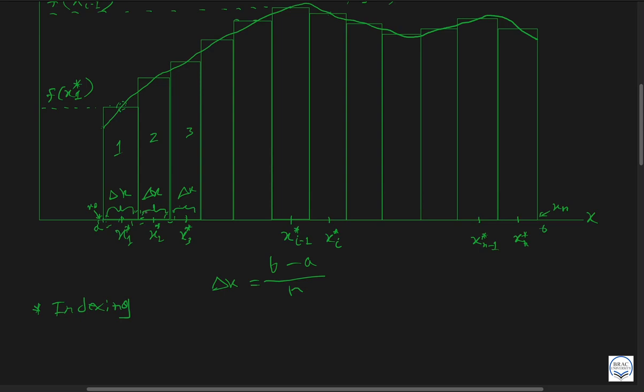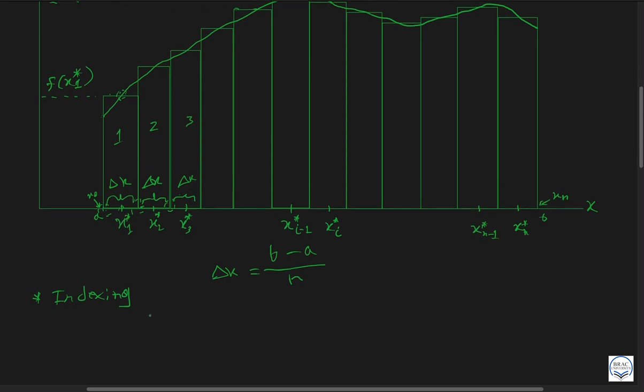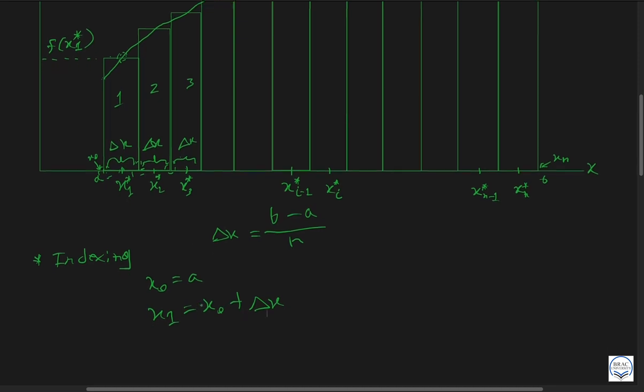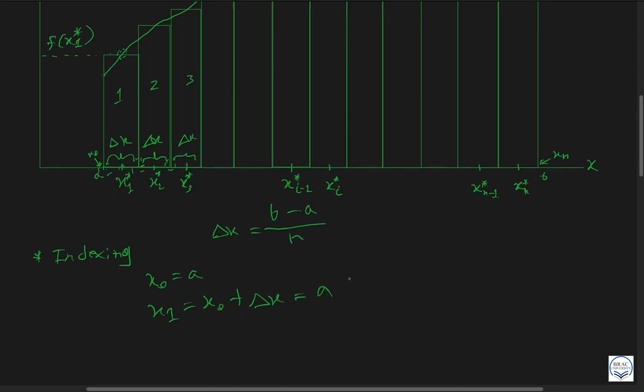Now we also want to index the lower left corner of each of these rectangles. The leftmost corner is called x0, and we know that x0 is nothing but a. To find x1, the next corner towards the right, we start from x0 and move delta x towards the right, which is a plus delta x, because x0 is a.